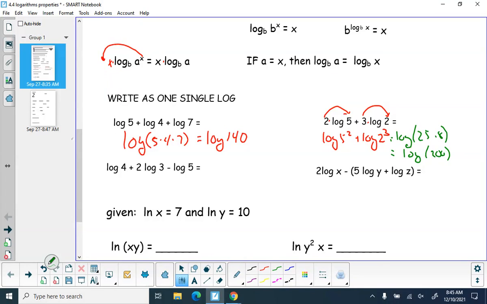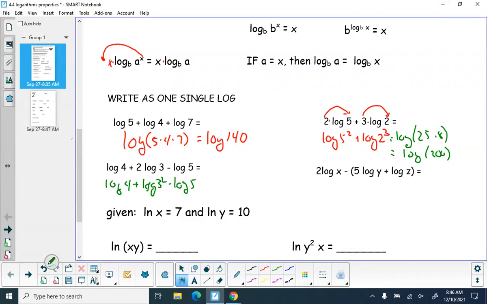Next one, my coefficient of 2 can go up to my exponent. But I have a subtraction there to log of 5. When I'm dealing with subtraction, with my properties up top, we're talking about division.